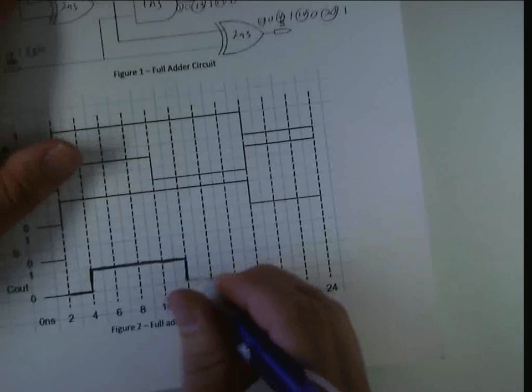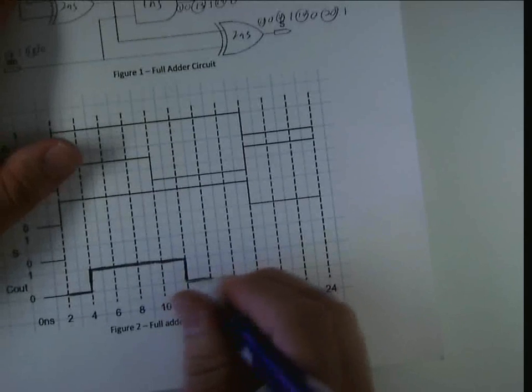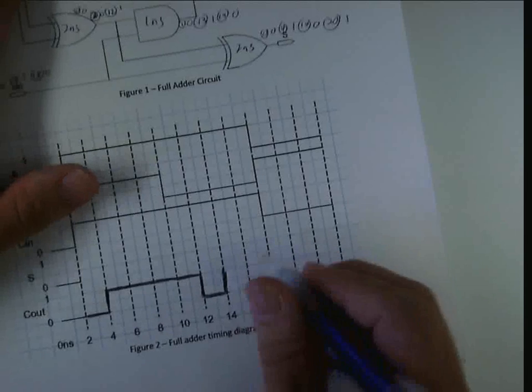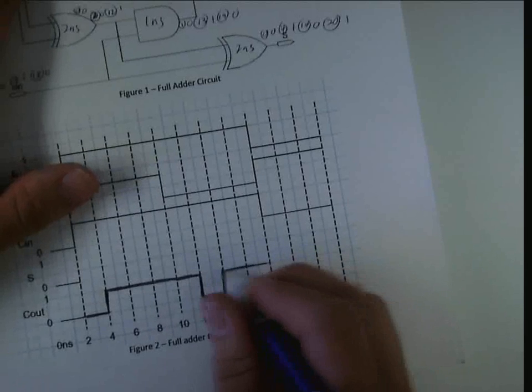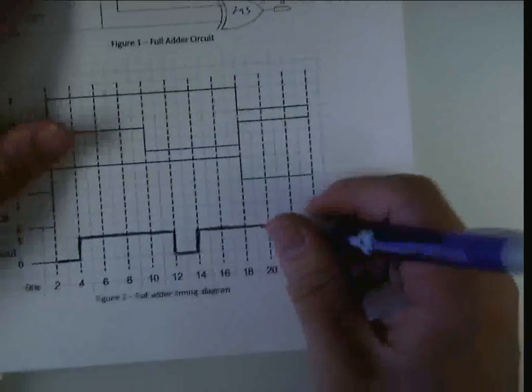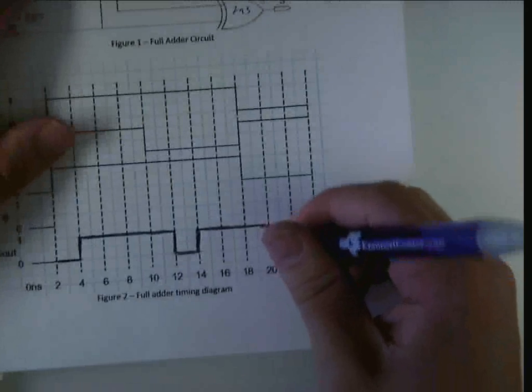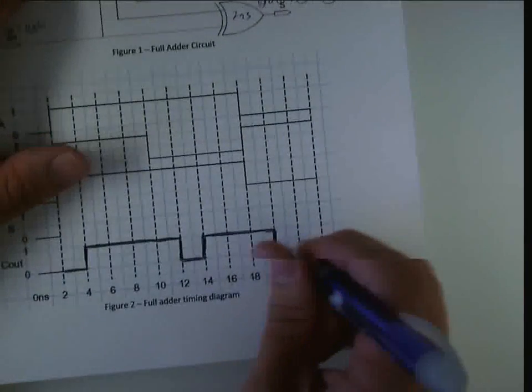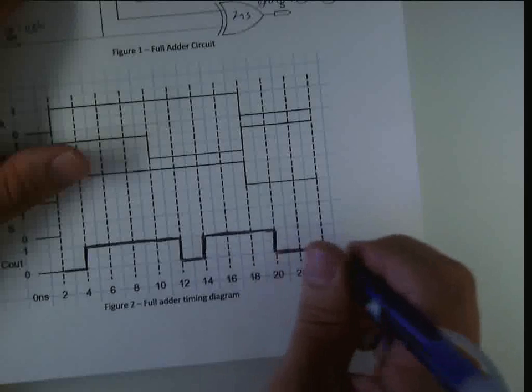Go across to 14. Go up to 1. And it's going to stay 1 until 20. And then it will drop down at 20 to 0. And that is my C out.